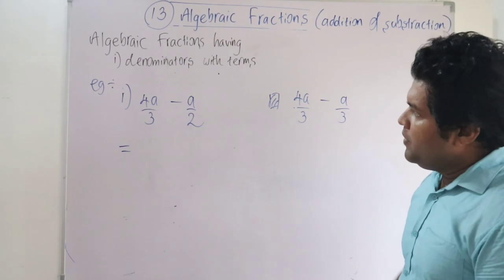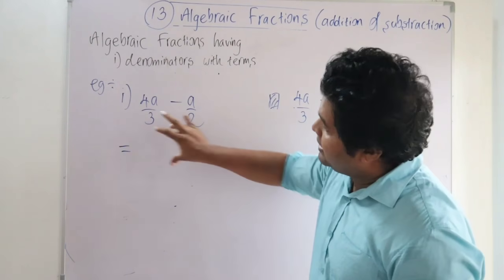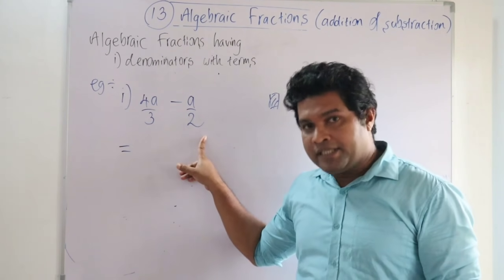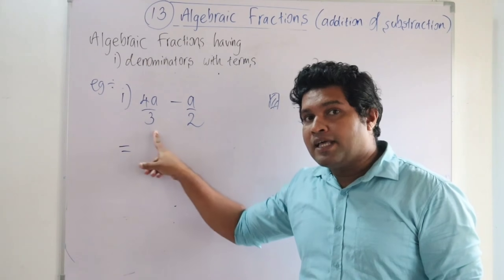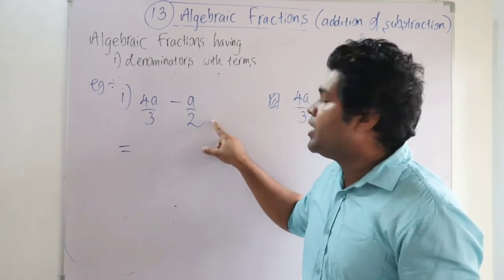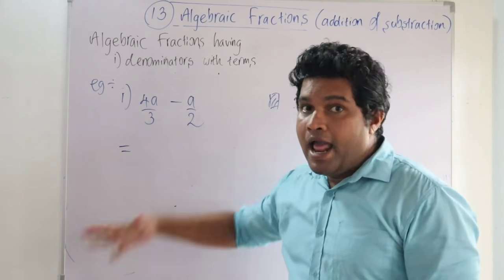Before we simplify this question, we have to check the denominators. The denominators have terms. 3 and 2 are terms. What kind of terms are they? Numerical terms. Sometimes if there's a 3a, 2a or 2x, these may be algebraic fractions.